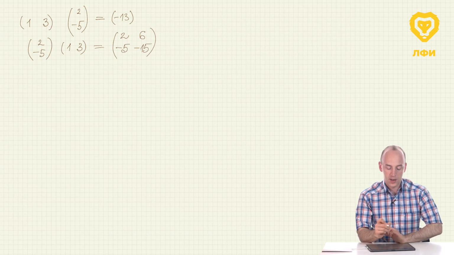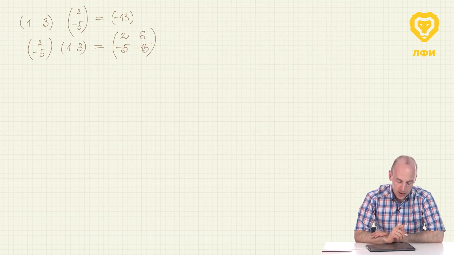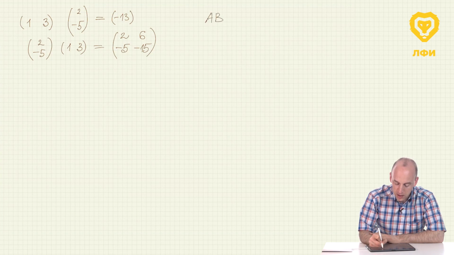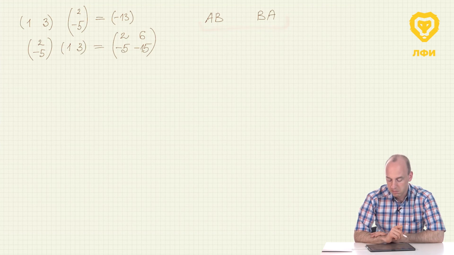And that's the result. So here you can see that sometimes the products AB and BA are both determined, but they are even matrices of different dimensions. So sometimes it can happen, and as a product we get matrices even of different dimensions.